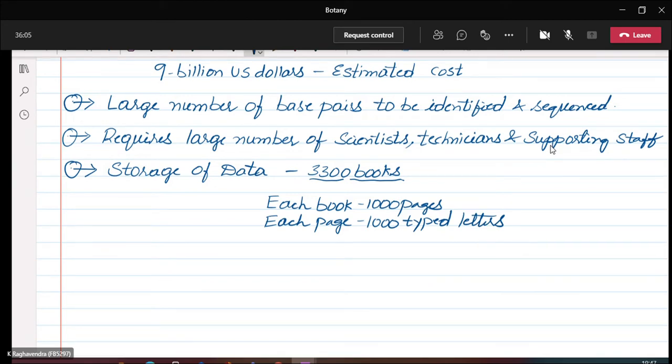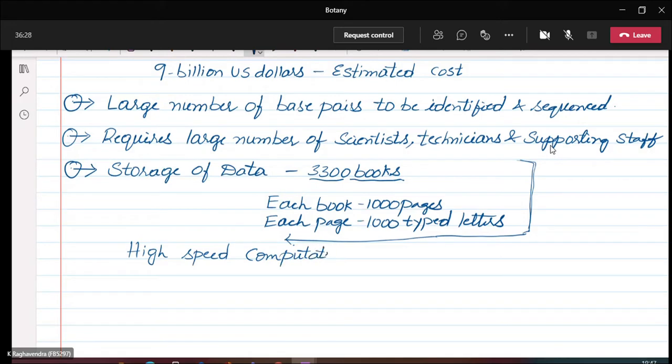Then luckily, one important point we have to make a note of here. This is replaced by high-speed computational devices. So this problem is resolved by using high-speed computational devices, where they help in managing the data.